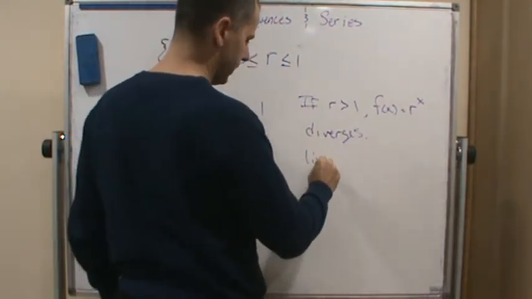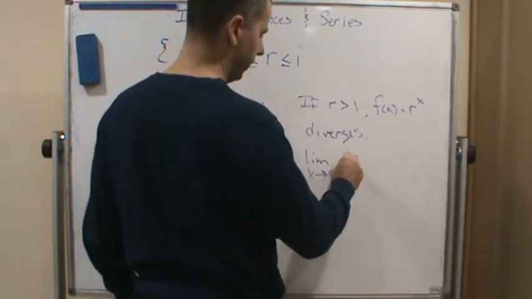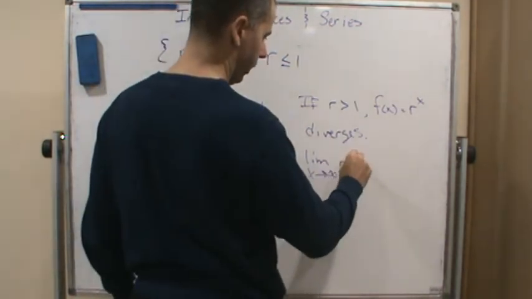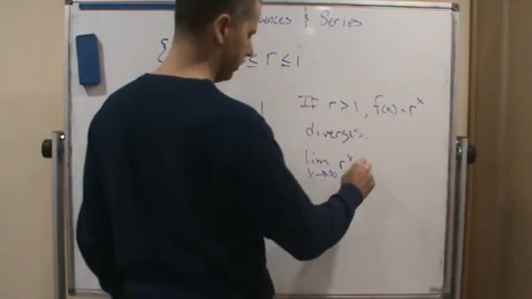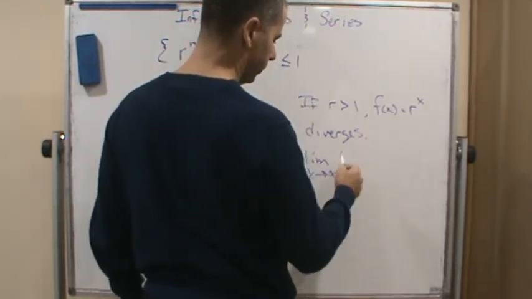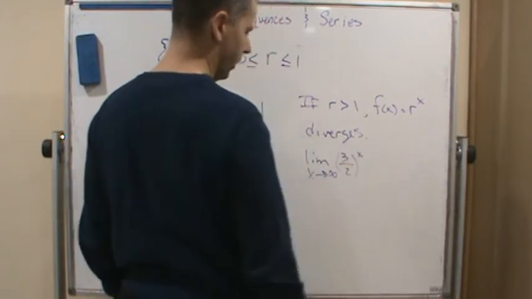We can see this by taking the limit as x approaches infinity of r to the x. Take r equal to, let's say, 3/2 to the x power.